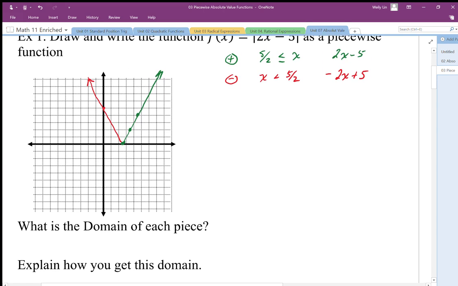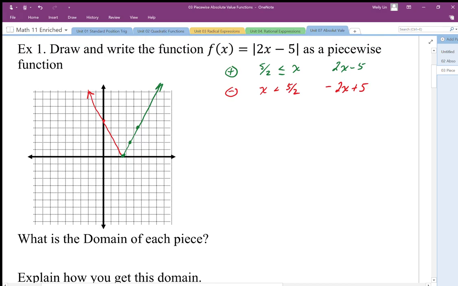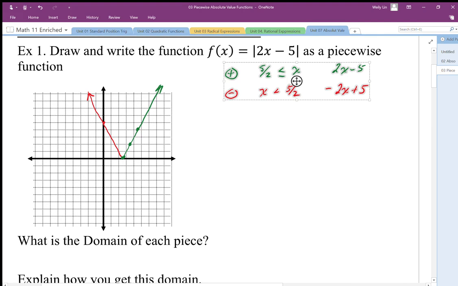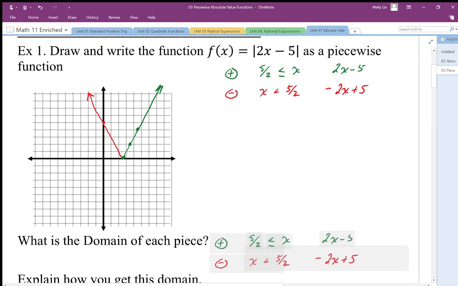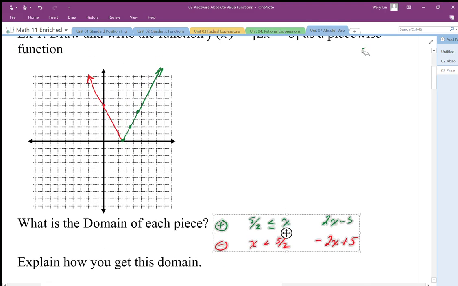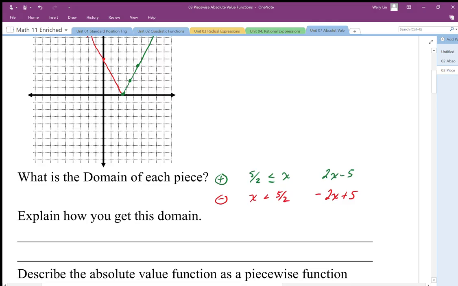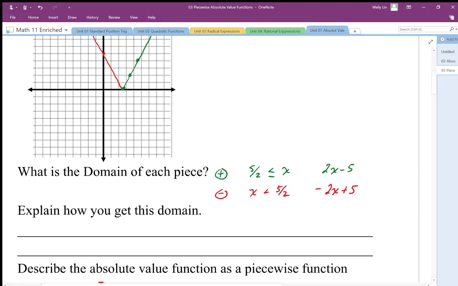So there is my absolute value graph. I've listed the domain of each piece here, and I'm just going to move that over here. We get the domain of each piece from the 0 boundary. So where the inside of the absolute value is equal to 0, we establish the boundary of the domain.